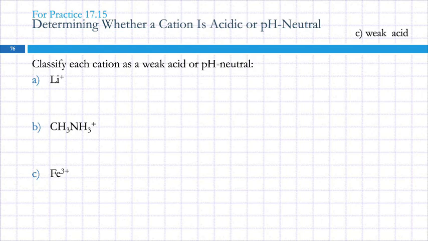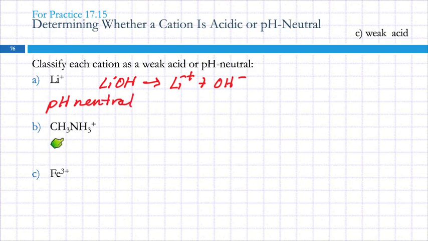Anyway. What base does this come from? Lithium hydroxide. It can hurt your head in this class. Lithium hydroxide dissociates completely because it's a strong base. All of the metal hydroxides, the ionic compounds, will separate. So is this going to act as an acid then? No. That one will be pH neutral.